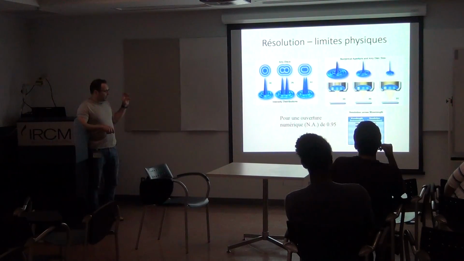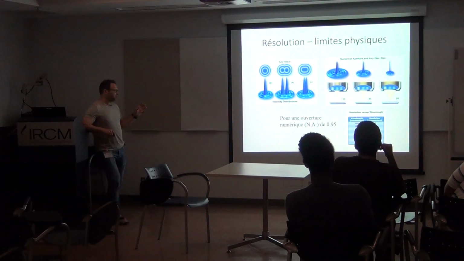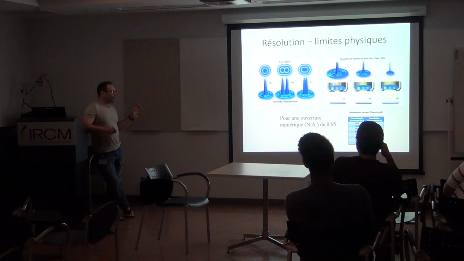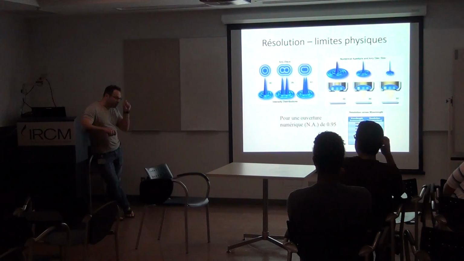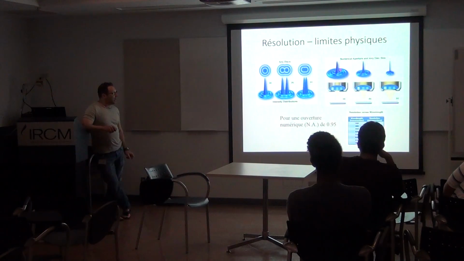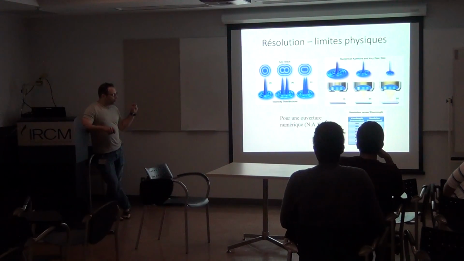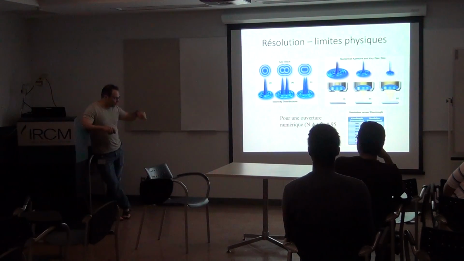The same thing happens with the objective and also the wavelength of the light that you use. The wavelength will limit the size of the spots that you see in an image, and the aperture of your objective will limit the resolution of those spots.